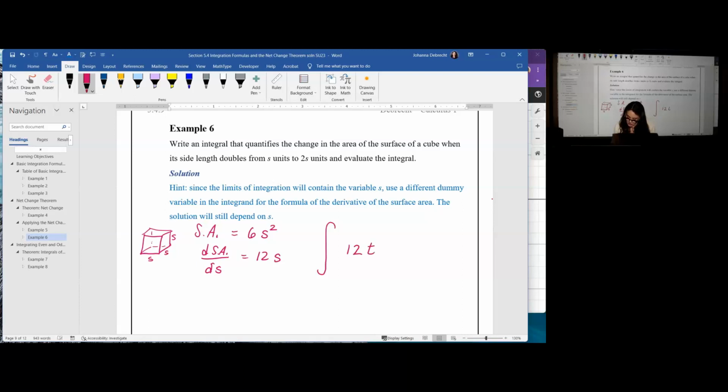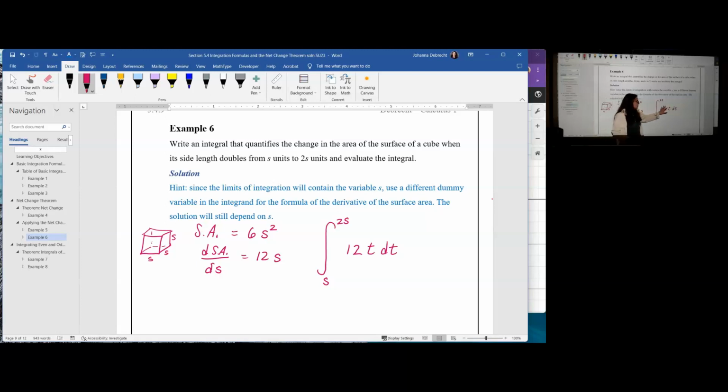But because I know that my original value is from s units to 2s units, I'm going to change my variable of integration to a dummy variable. I chose t. Choose x, happy face, star, whatever you like. It is awkward to have this be s and ds and have the limits of integration also be s values. So we use a dummy variable instead.